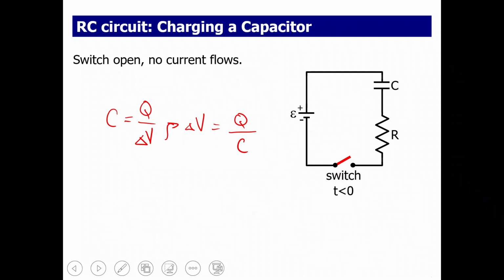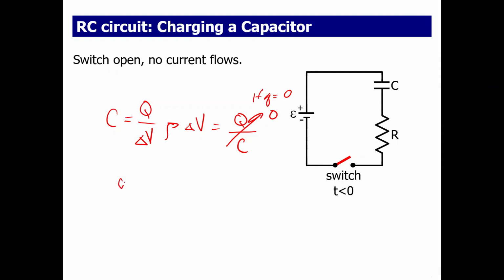So with this, if my charge is 0, then the voltage drop across my capacitor is 0. Well, a wire with no resistance also has a voltage drop of 0.